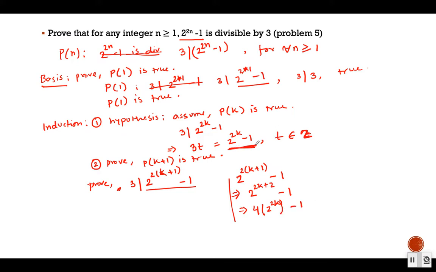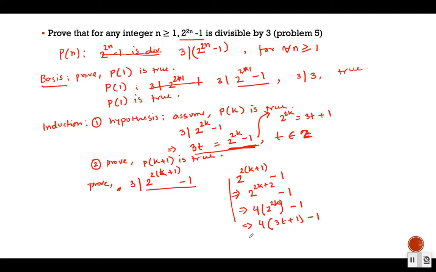From the hypothesis equation, we can replace 2 to the power 2k with 3t plus 1.